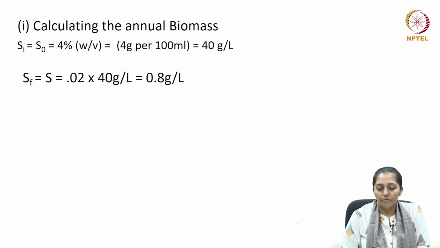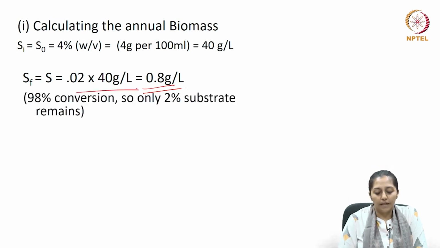So, if 98% gets consumed, 2% remains. So, the residual substrate concentration or the final substrate concentration in the broth would be 0.8 grams per liter, after 98% conversion of the substrate.